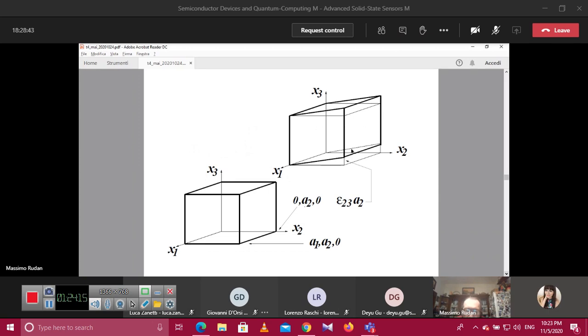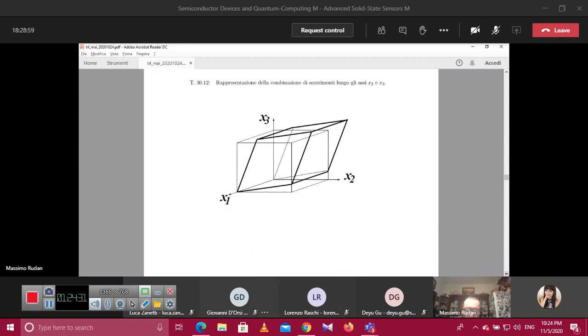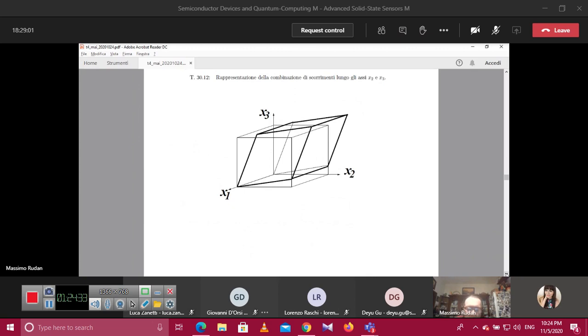So in this case, the angle is this angle here, and it will be given by epsilon 23. When you have two of these types of deformations, you have the combination of them, and the combination is taken linear, so the higher order terms are neglected because the deformations are small.